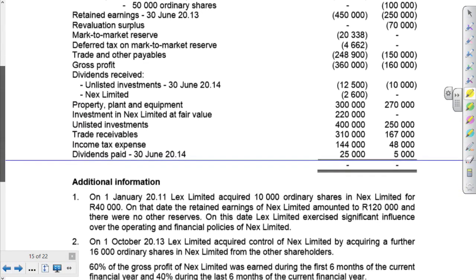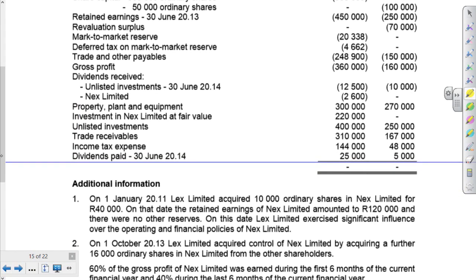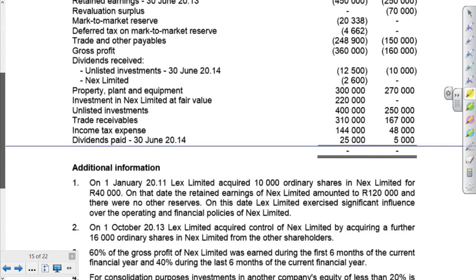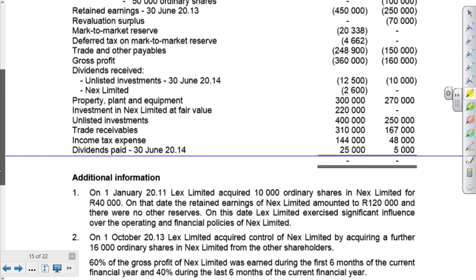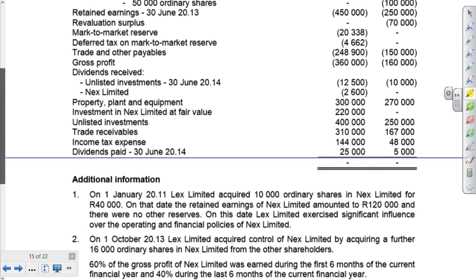Let me see if I can get it just to there. 50,000 shares. Our year end is June 14. You can see here the dividends were paid June 14, that's our year end, okay? On 1 January 11, Lex acquired 10,000 shares for 40,000 Rand.